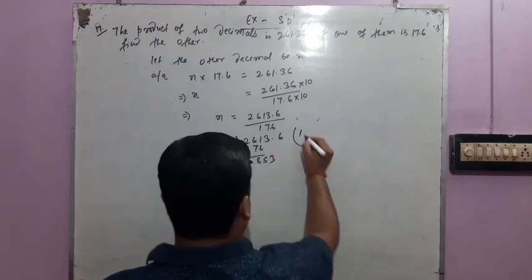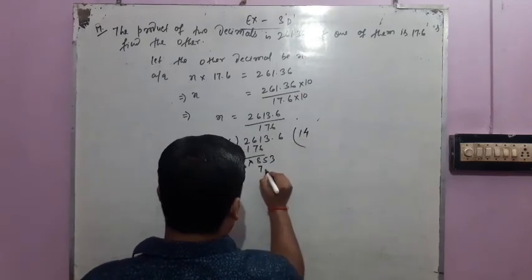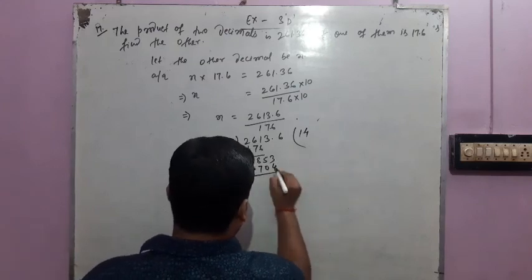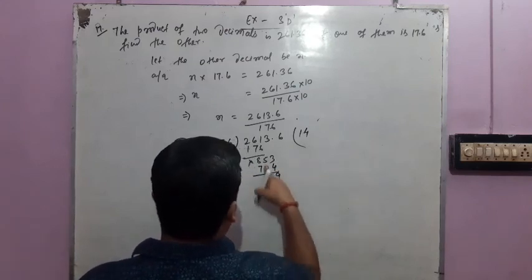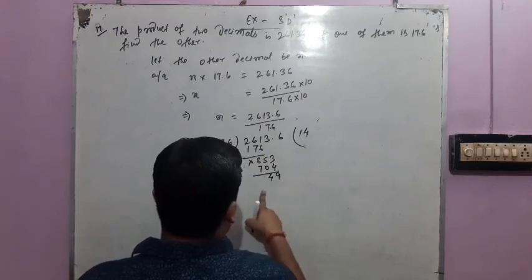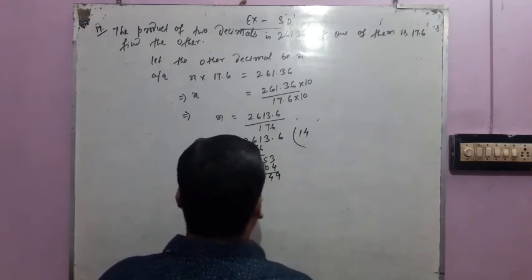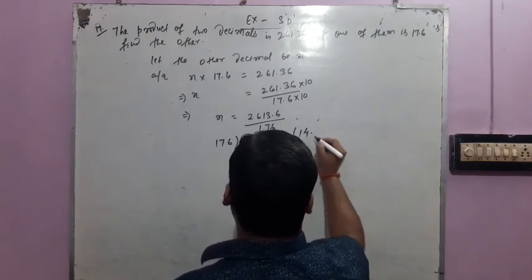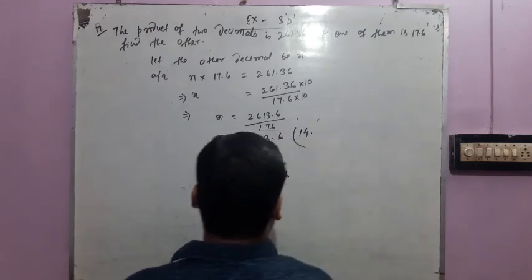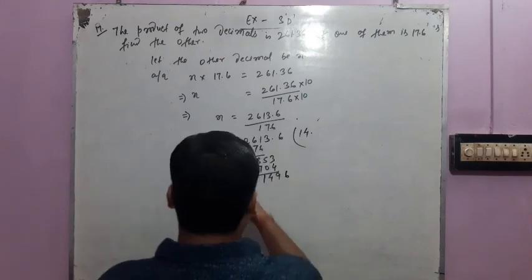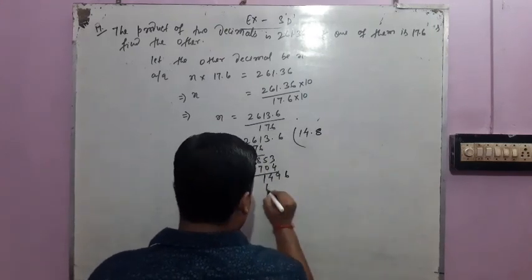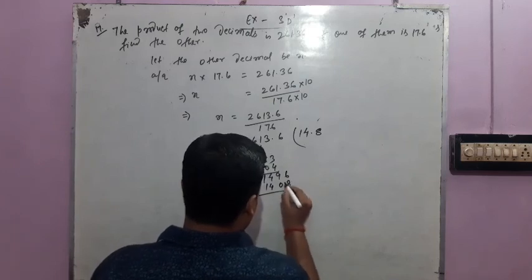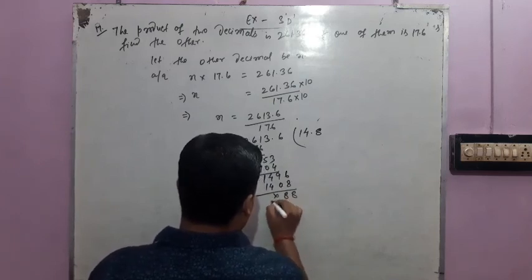Now 4 times, 176 4s are 704. 13 minus 4, here 9, here 4, and 8 minus 7, 149. Now what do we have to take? We have to take 6. So we have to put the decimal here. Now we will take 6. Now 8 times, 176 8s are 1408. Now 16 minus 8, 8, here 8, and 4 4 cancel.